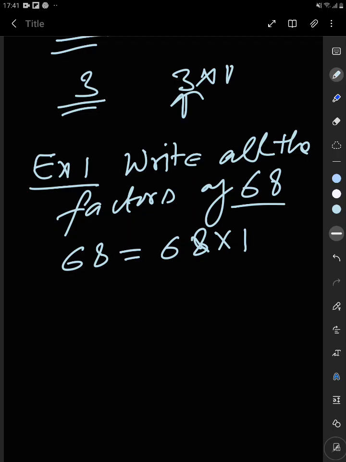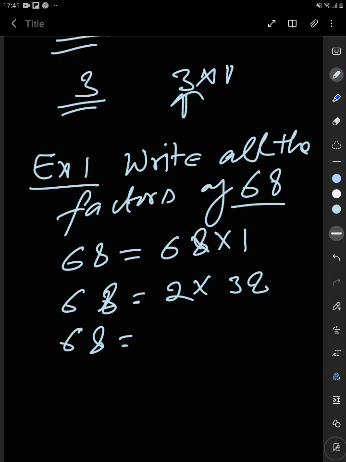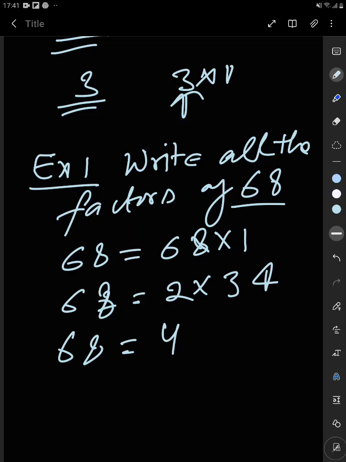Now 68 can be 2 multiplied by 34. Sorry, let me correct it. This is 34 and this is 68. Now 68 can also be 4 multiplied by 17.